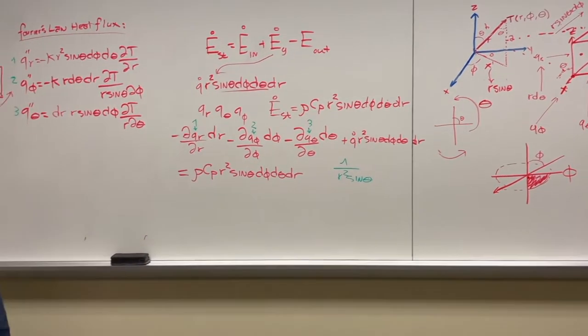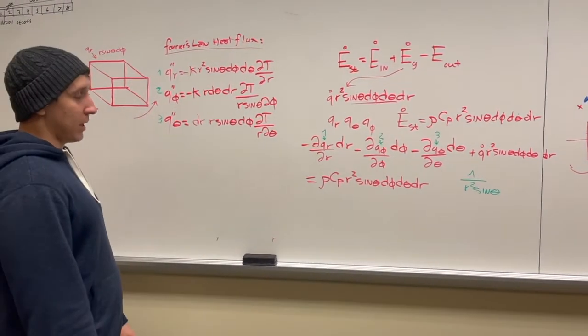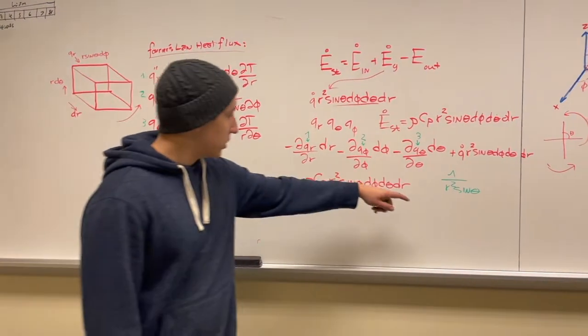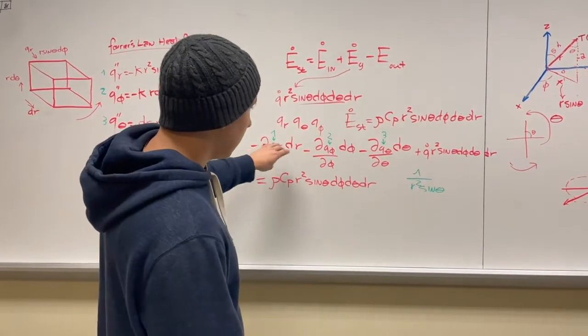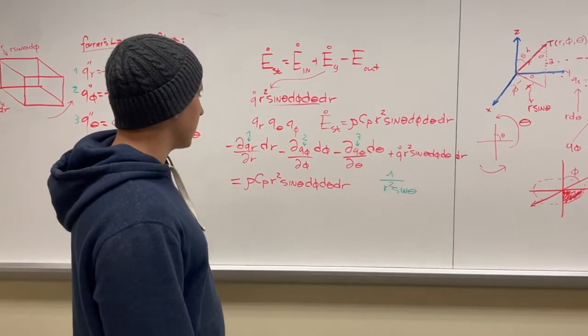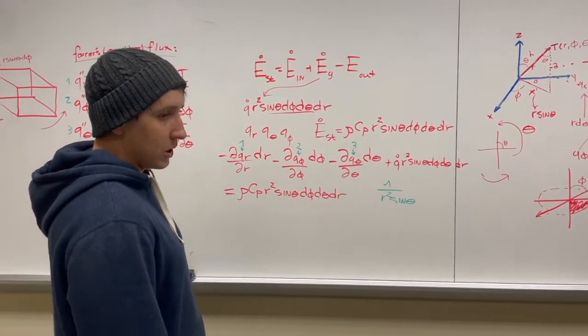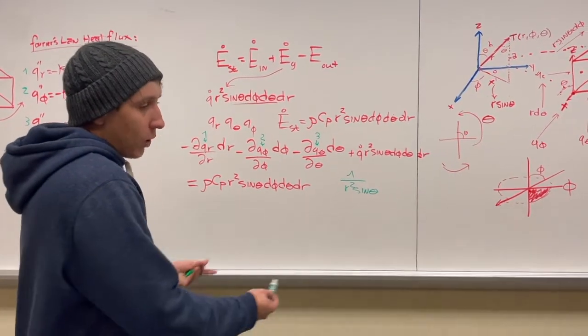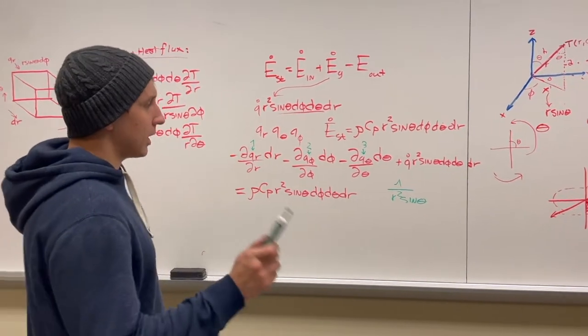And certain terms are going to cancel, some may not, because they depend on those terms. In other words, you may see an r squared in some of these terms here in a bit, and they may not actually cancel out because they can't be removed, since they depend on the direction and the heat gradients in that direction. And you'll see that here in a second.